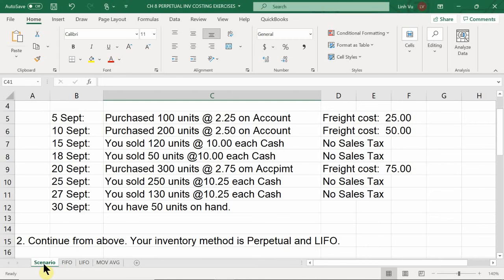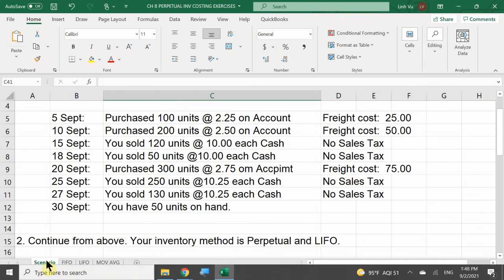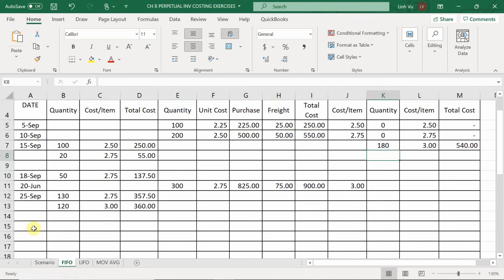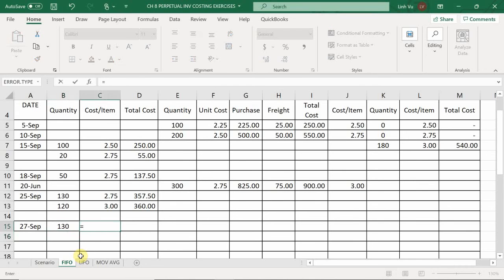Then lastly, on September 27th, we sold an additional 130 units, giving us 50 units remaining in our inventory. In this case, we only have one batch of inventory left.